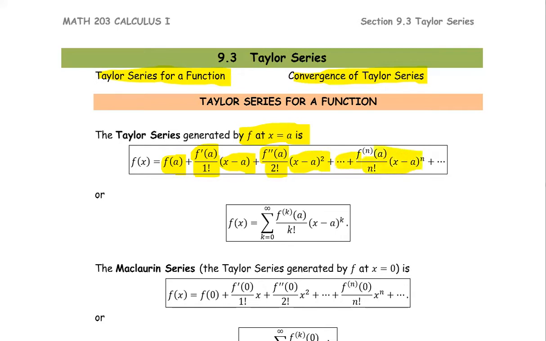At the end order, we have the nth derivative at a over n factorial multiplied by x minus a to the power n. This is the infinite series, so f of x can be written as the summation of the kth derivative at the point a divided by k factorial multiplied by x minus a to the power k, from 0 to infinity.